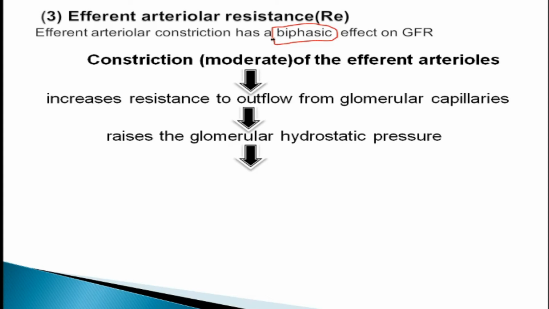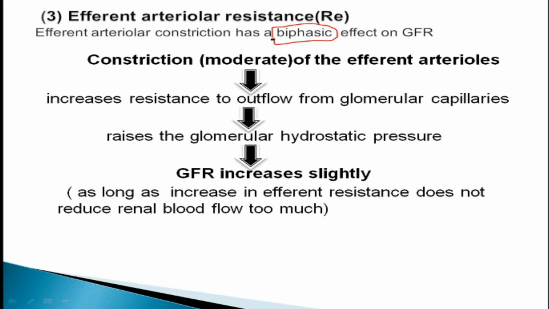In such a case, it will raise the hydrostatic pressure in the glomerular capillary, and whenever the hydrostatic pressure rises, GFR will increase. I hope I am clear with this. So this has to be remembered: as long as the increase in resistance is not affecting the renal blood flow too much, constriction of moderate degree will increase GFR.